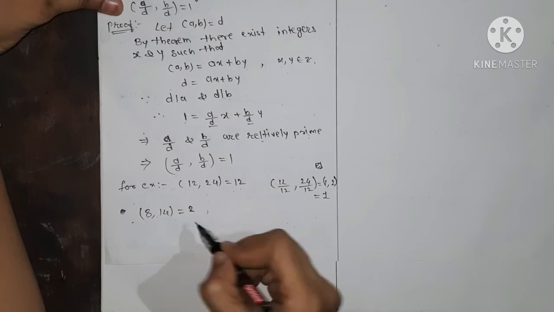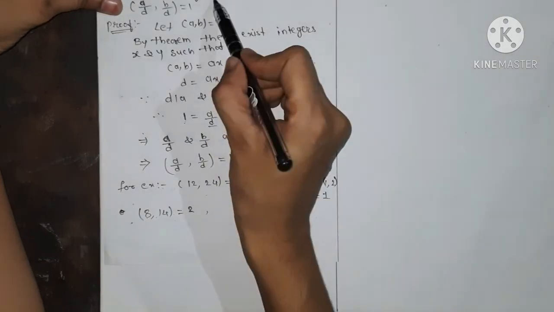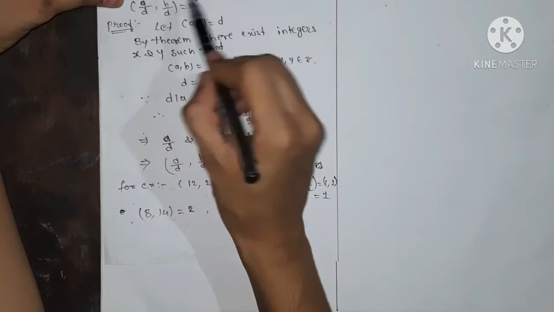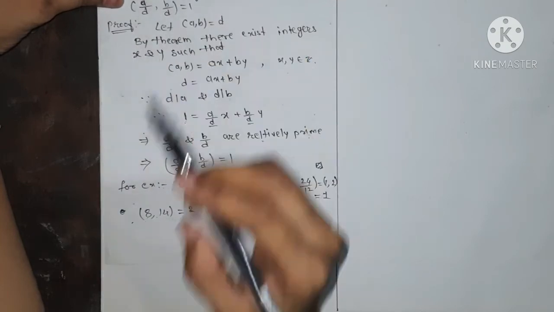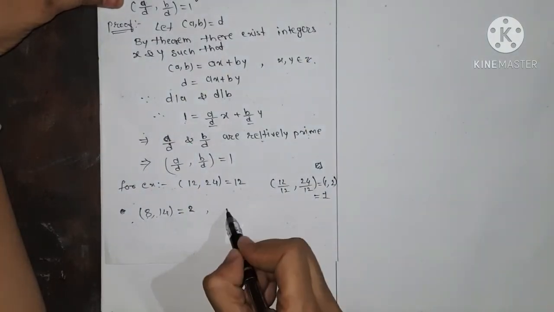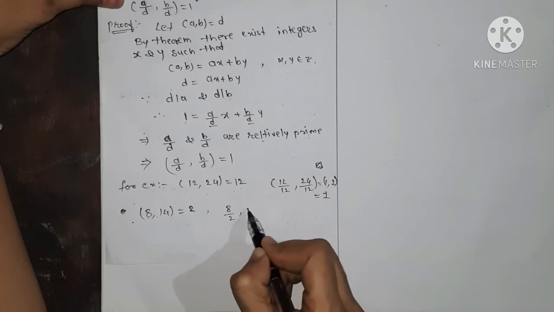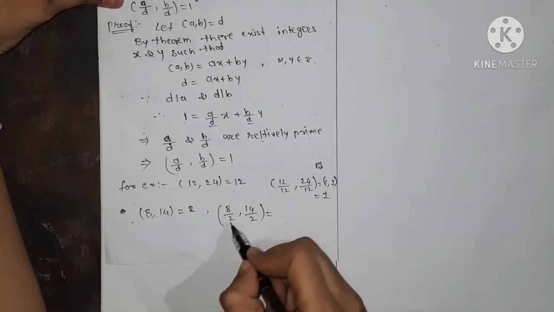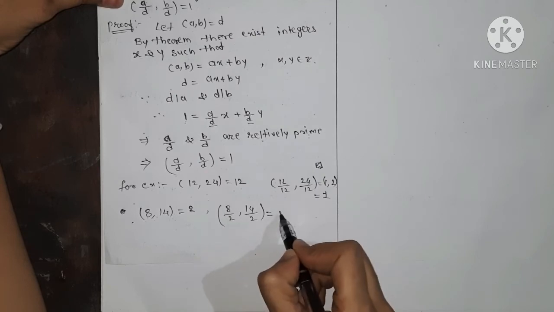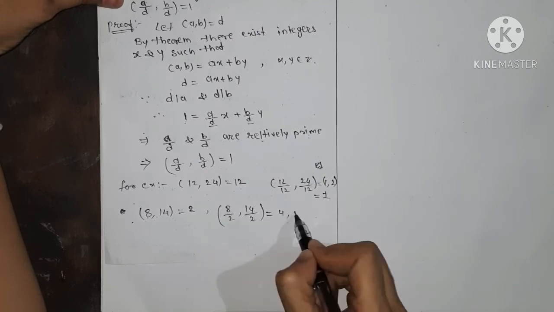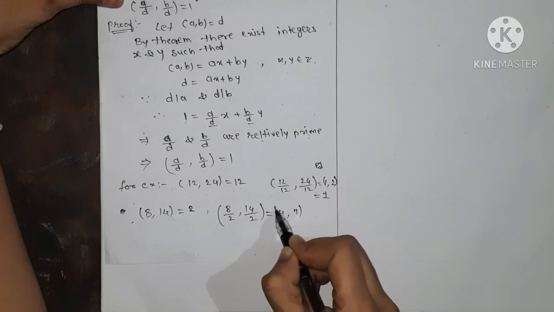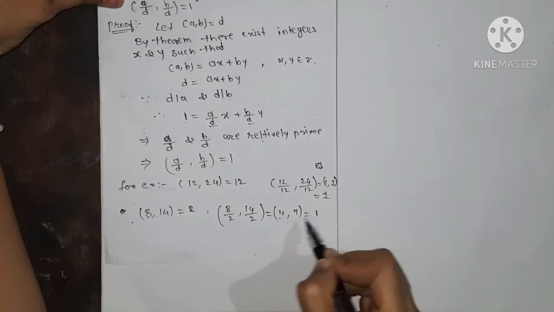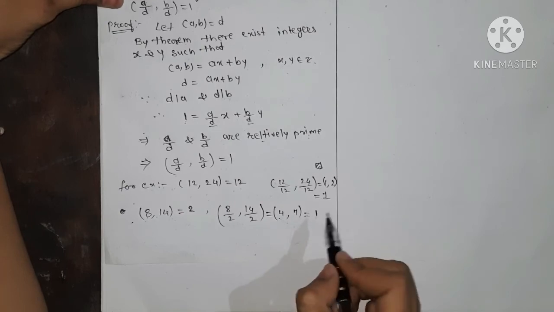So we divide 8 and 14 by 2, so it is 8 upon 2 comma 14 upon 2. 8 upon 2 means 4 and 14 upon 2 means 7. So the common divisor is 1 and the GCD is also 1.